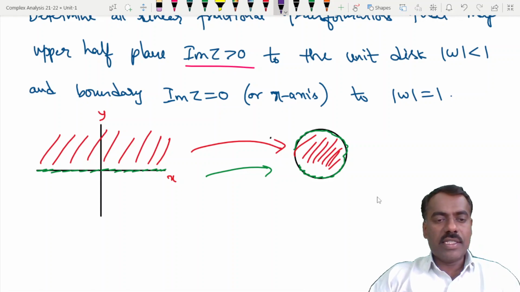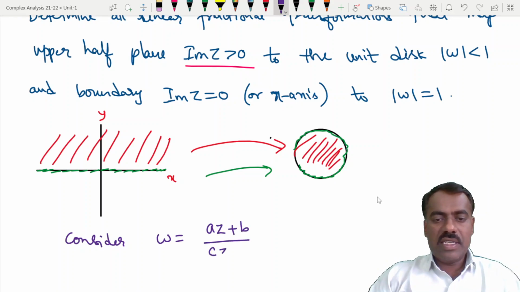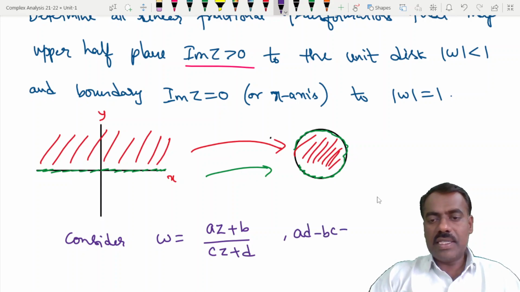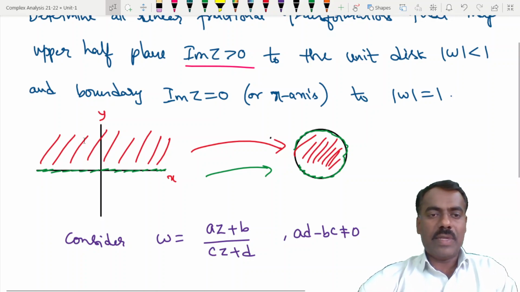So the idea is we will consider the general form of this linear fractional transformation, which is az plus b by cz plus d, where ad minus bc is non-zero, and we will take some suitable points, such that if we take points on this x-axis, they should map to points on this circle mod w is equal to 1.